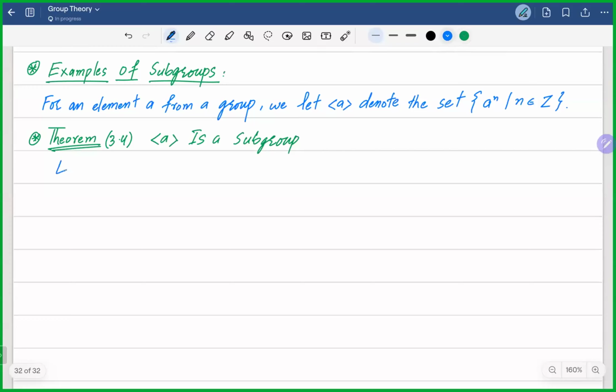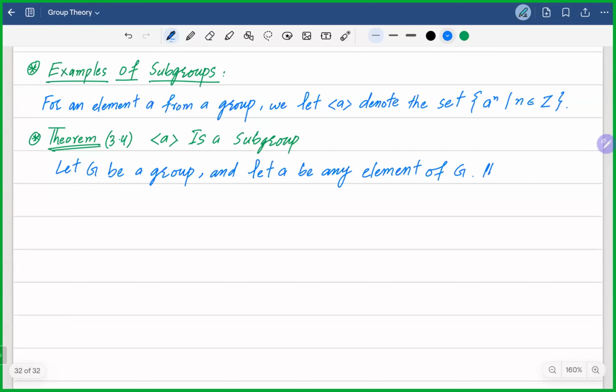The statement says: let G be a group and let a be any element of G. Then the set generated by a is a subgroup of G.